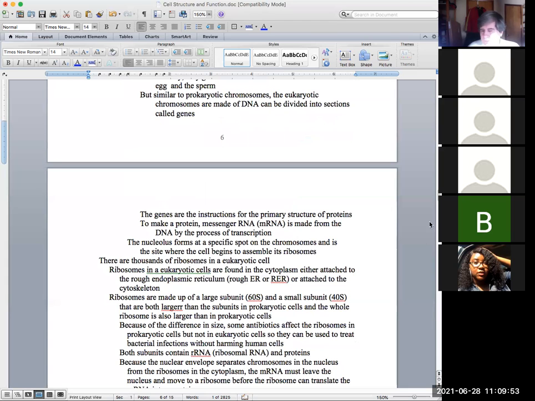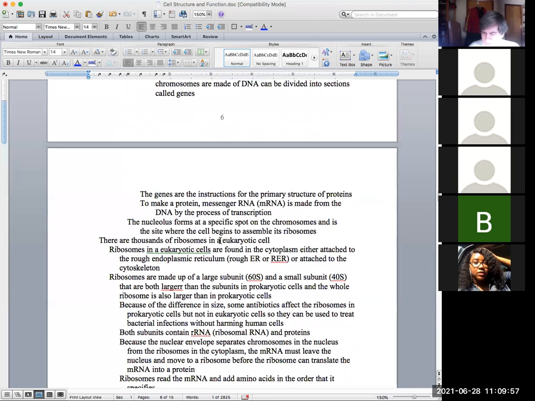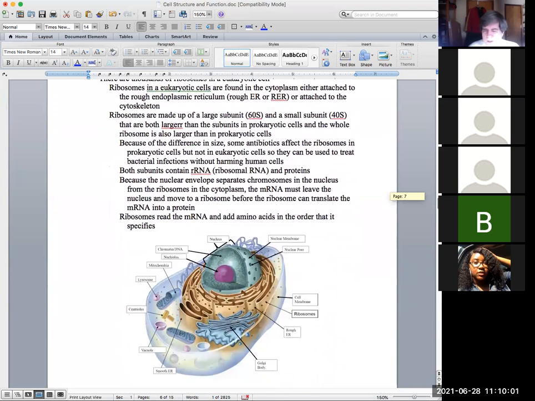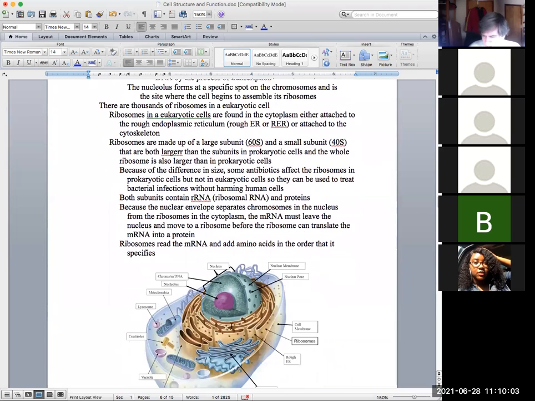So let's think about ribosomes now. There are thousands of ribosomes in a eukaryotic cell. In this drawing down here, the ribosomes are the little dots in here. This is rough endoplasmic reticulum.